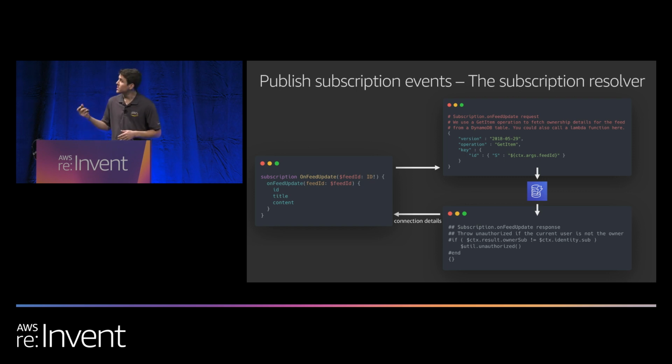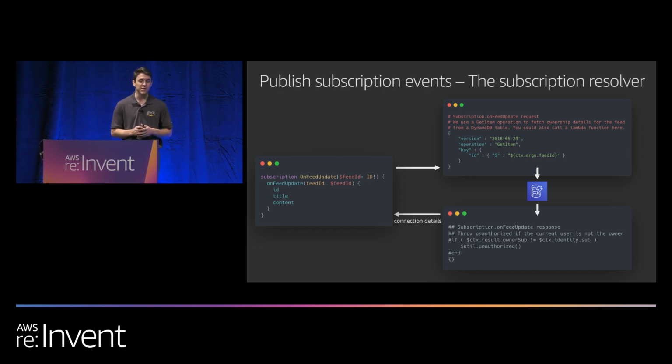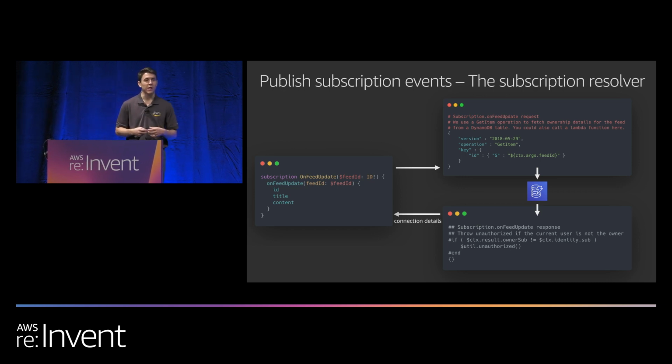In this case, you can see the resolver that I have on the right. It's pretty simple. This is an example of where VTL is actually great for simple gets and things like this. What we're doing is I'm just running a get item against a DynamoDB table that presumably exists and that has a hash key that is equal to my feed ID. And as soon as I get that object back in the response mapping template, I'm going to be able to do my custom authorization logic.